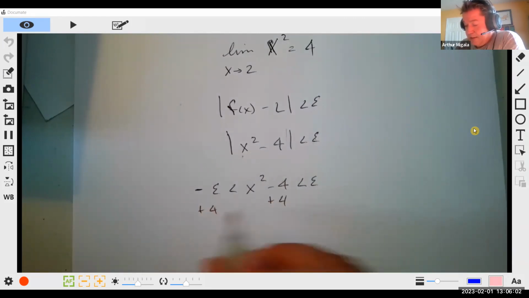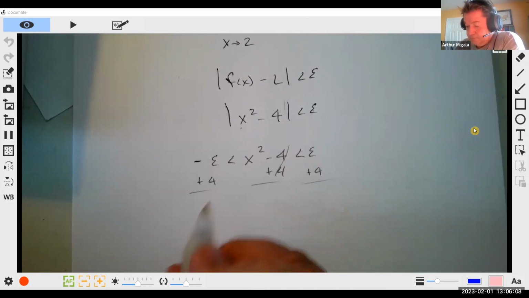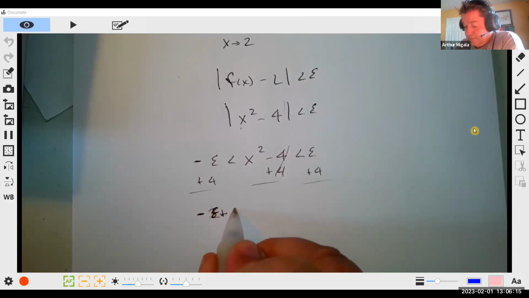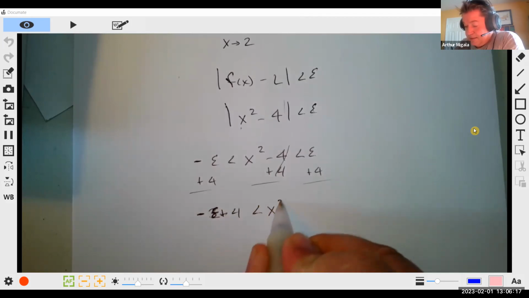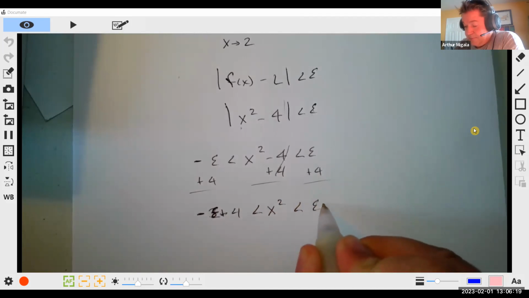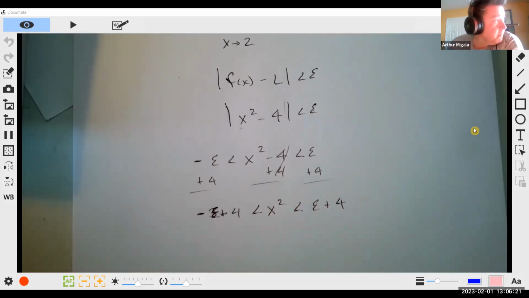Add 4 to both sides. Negative epsilon plus 4 is less than x squared is less than epsilon plus 4.